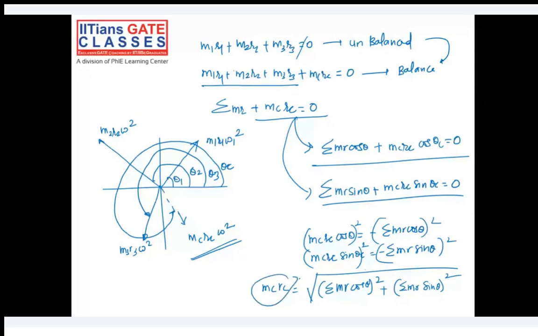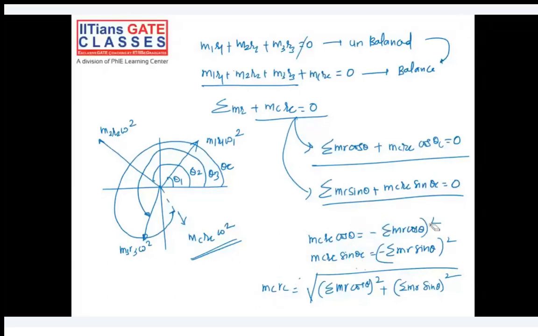And now the only point is how to find the theta c. If I divide these two equations, mcrc will get cancelled. Sine of theta divided by cos of theta is tan of theta. So I can write tan of theta c, minus minus will get cancelled, equals summation mr sine of theta divided by summation mr cos of theta.